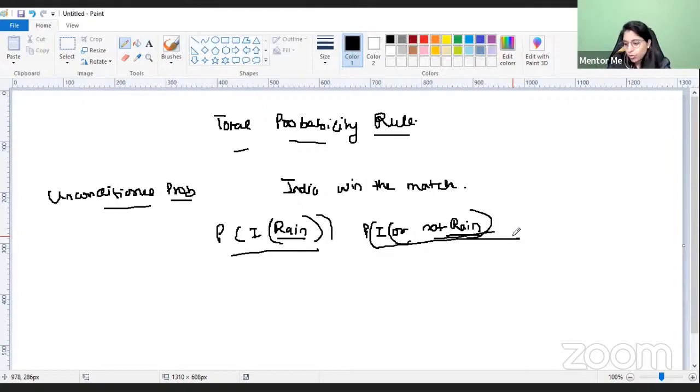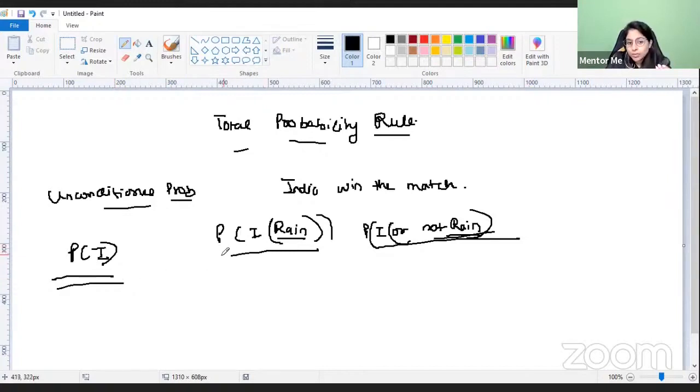But what if we want to know the probability of India winning only, irrespective of whether it rained or did not rain?